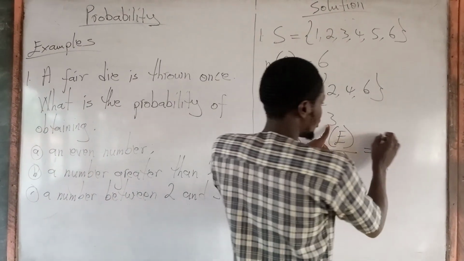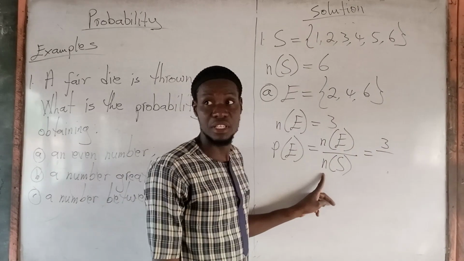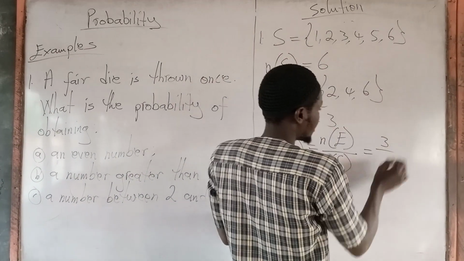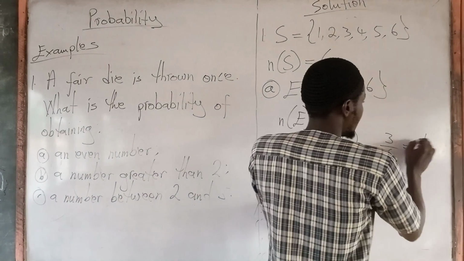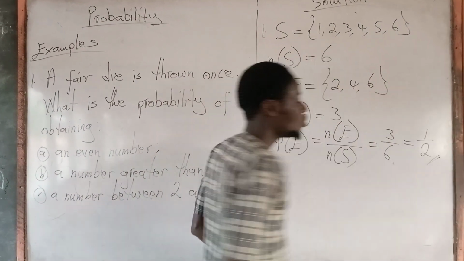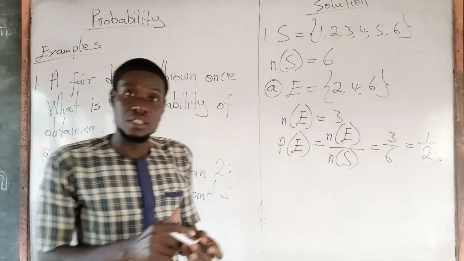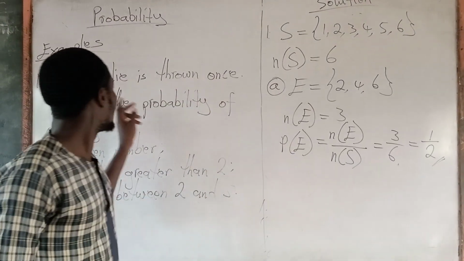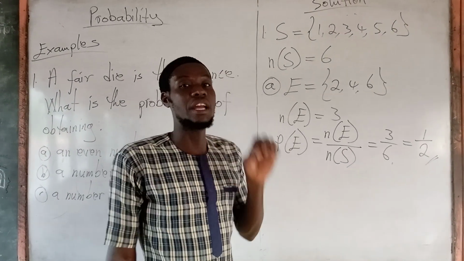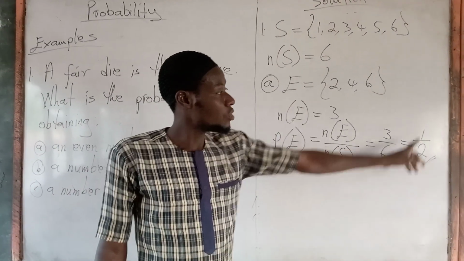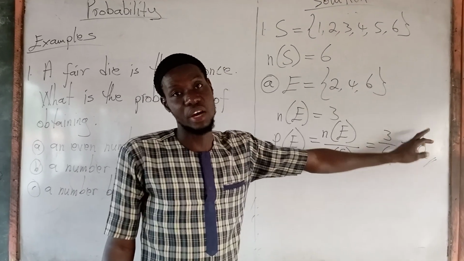There are 3 elements in the set of even numbers, so we have 3 divided by the number of elements in the sample space, which is 6. So this will give us 1 divided by 2. So if a fair die is thrown once, the probability that you obtain an even number will be 1 out of 2. That's 1 divided by 2.